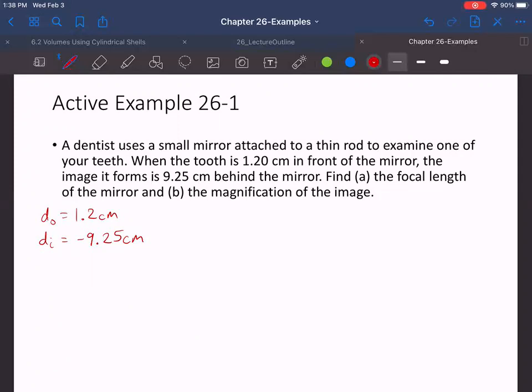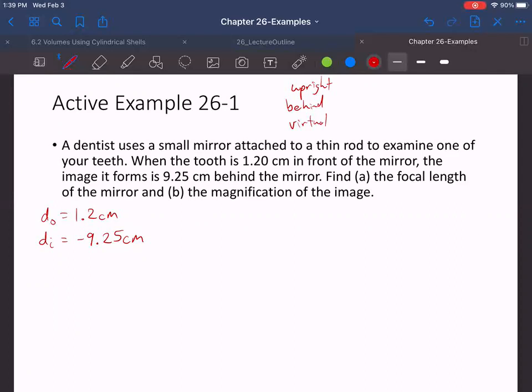So first off, as soon as we do this, we're going to get a positive magnification. We know that, right? So we know that this is an upright image, and we know that it is virtual. We all agree? So far, just from looking at those two numbers, we know this is upright. We know it's behind. We know it is virtual.